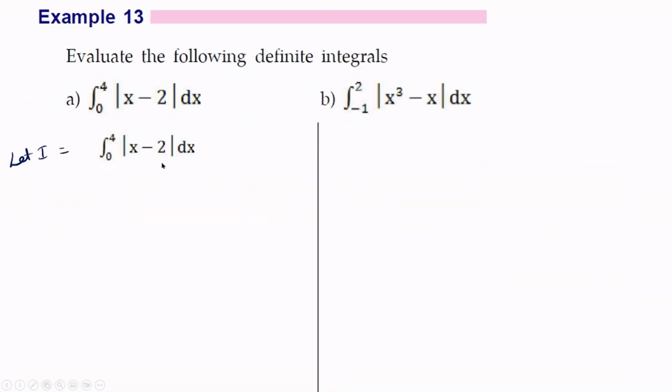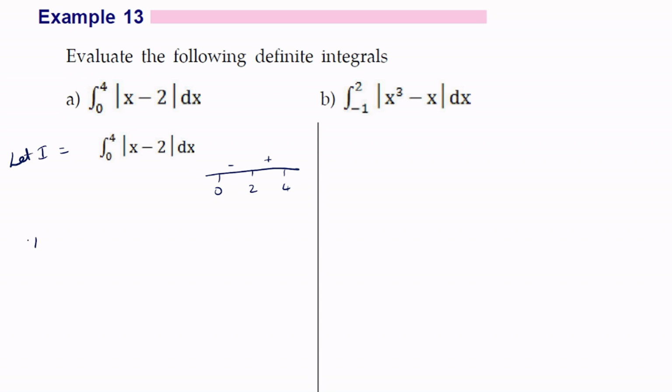The reason being, if we consider mod x minus 2 in the interval 0 to 4, from 0 to 4, here if we have say 2, then in the interval 0 to 2, x minus 2 is negative, and in the interval 2 to 4 it is positive.